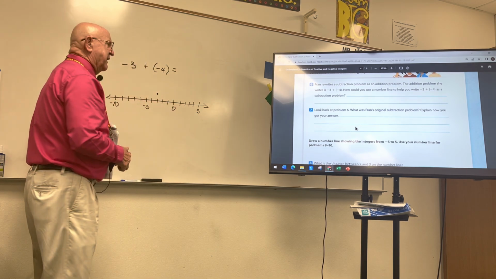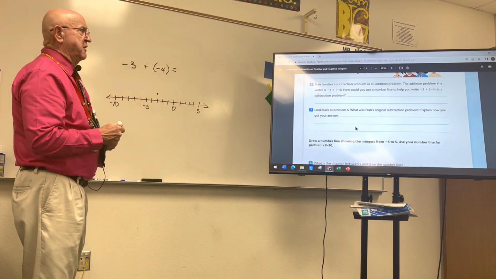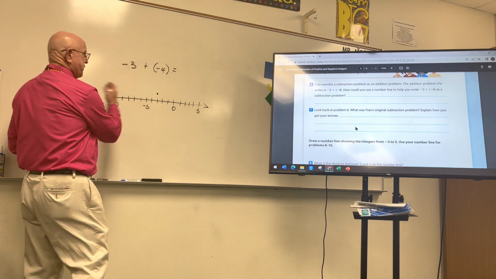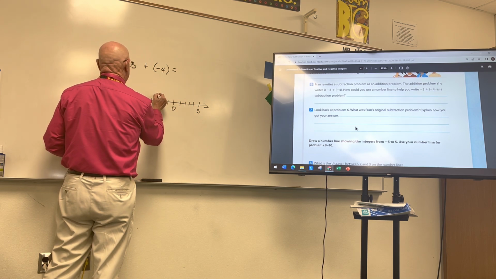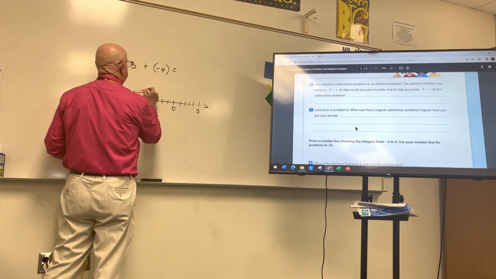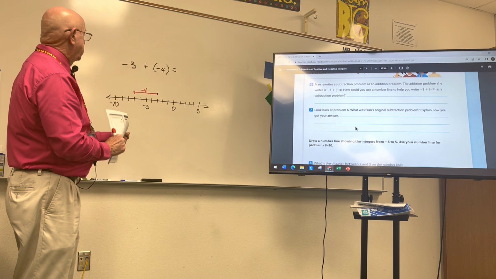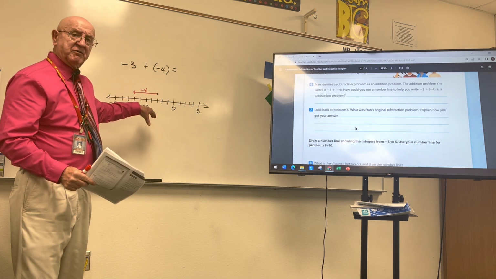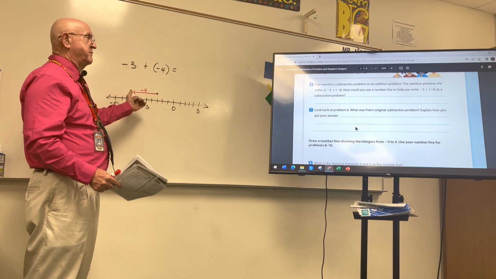And then it says I'm going to add a negative, right? So if I add negatives, I should move to the left. And I'm going to move 4 spaces like it tells me. So if I do that, I end up right here, and I put the -4 here. This is the graph for -3 plus -4, right?